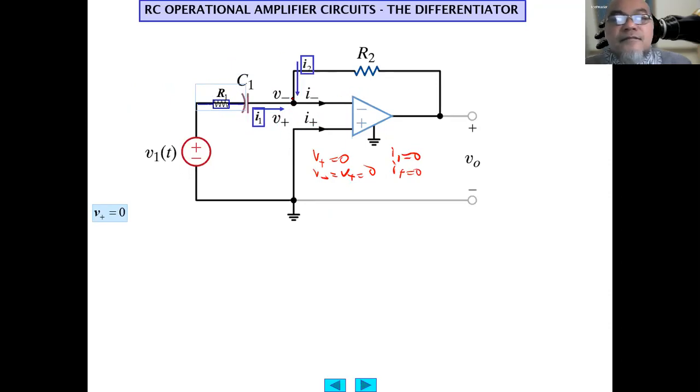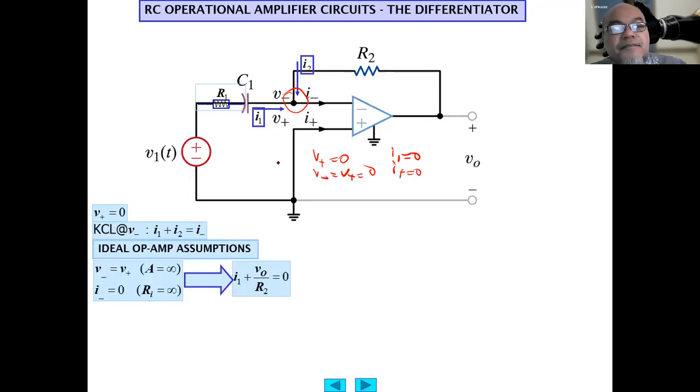And we use Kirchhoff's current law again. We assume that current is entering this node: I1 entering through C1 into the node, and I2 entering through R2 from V output to the V minus node. So KCL at the V minus node gives I1 plus I2 equals I minus.